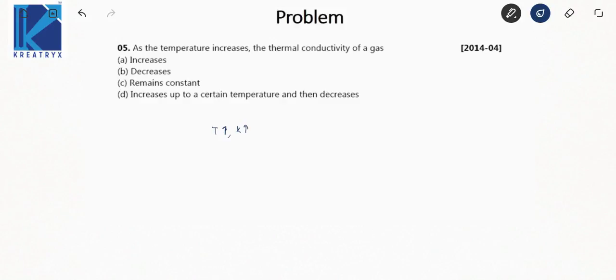Because if you increase the temperature, the molecules of the gas will start vibrating rigorously. As they start vibrating rigorously, they will transport more energy, which implies that as temperature increases, the thermal conductivity of a gas will increase.